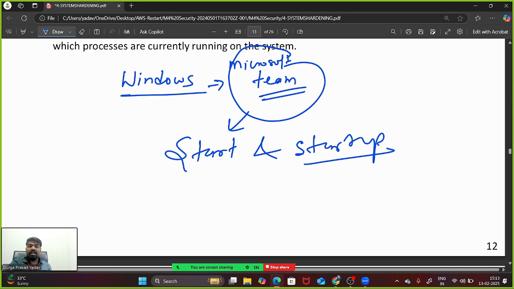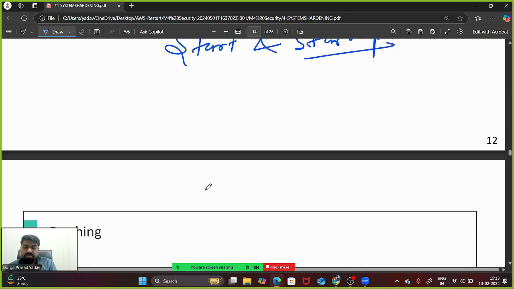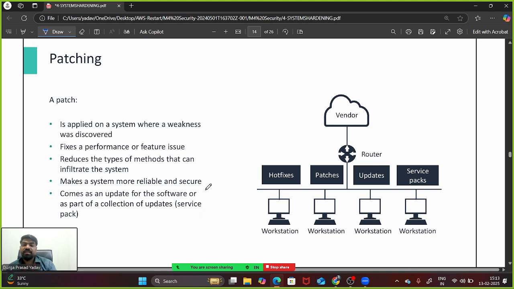When your system starts up, at the same time Microsoft Teams will get started. We should avoid it. We should try to turn off those applications and services which are not in use, and then the patches come. This is what we are going to see in the lab guide, so please make sure you are able to understand this.